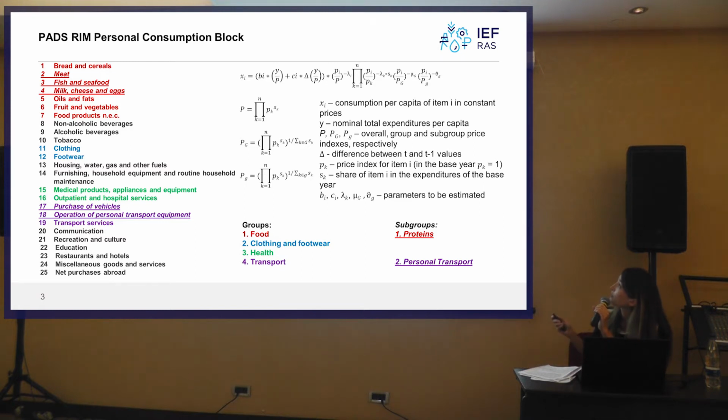S is the share of expenditures on item E in the base year, which in our calculation is 2011. Four groups were highlighted: food, clothing and footwear, health, and transport, and two subgroups, proteins in the group food and personal transport in the group transport.